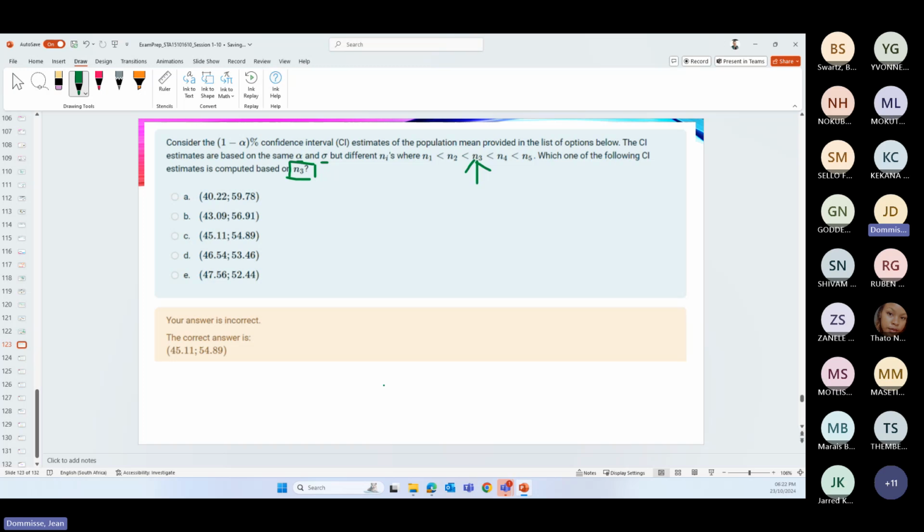Okay, so this one is an interesting one.